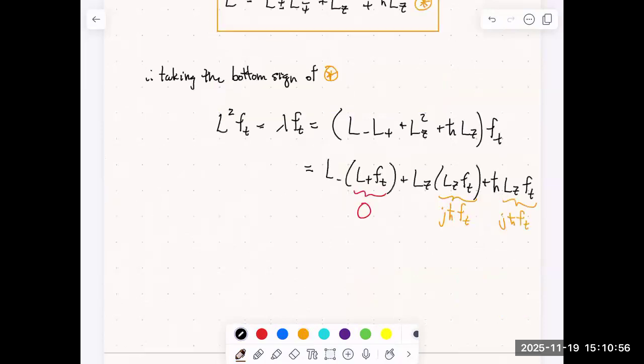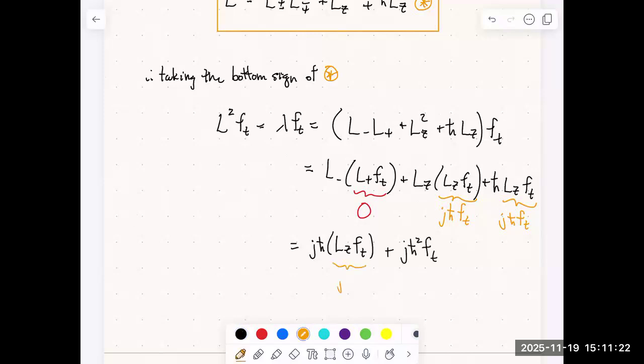Okay, and so what are we left with? Well, the zeros, that's nice. I like zeros. J H bar Lz acting on F top, plus H bar squared times J H bar F top.